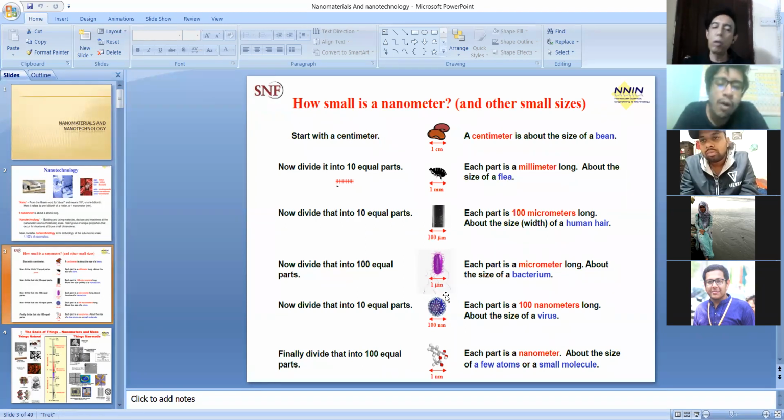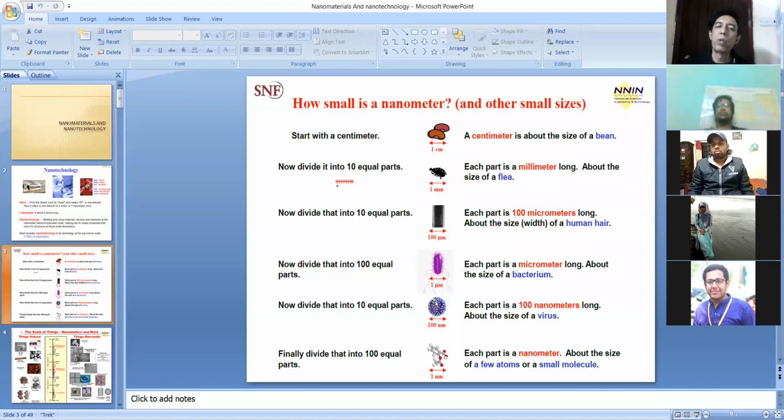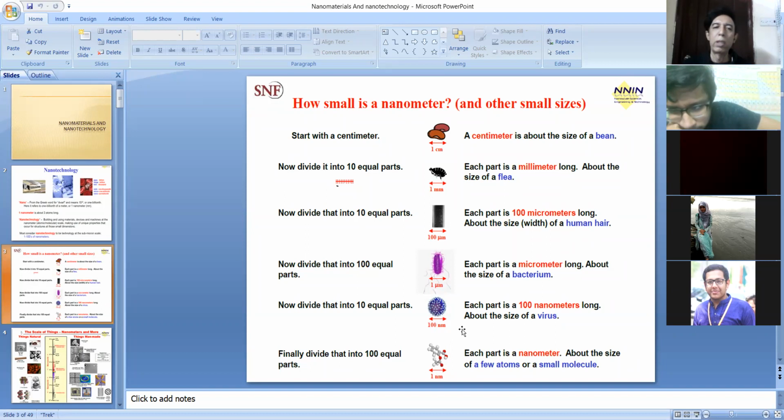Say, for example, coronavirus is of the length of 100 nanometers. You can call a virus a nanoparticle. And if you divide a virus 100 times, then you will get the nanometer scale, say, a small molecule, or 3 atoms. So this is the nanometer.